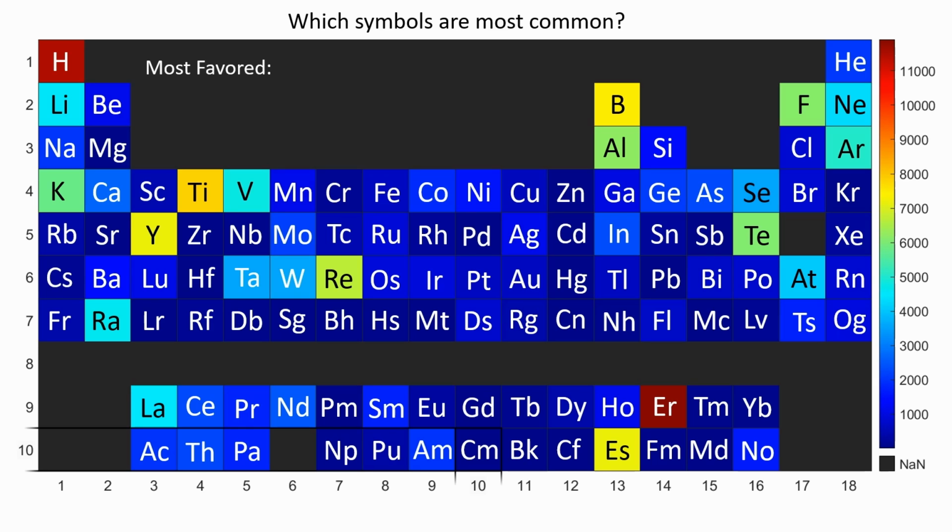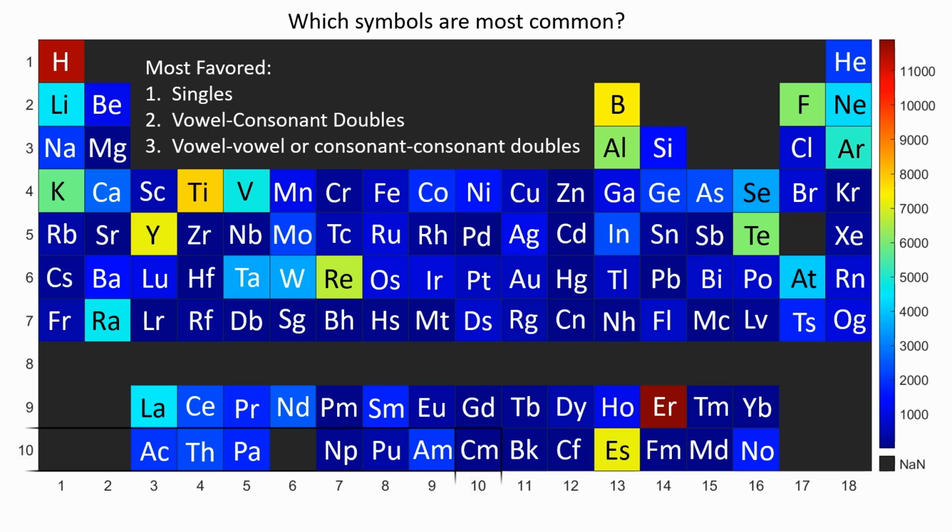If you look at any atomic symbol, I think you can justify why it's at the specific count that it is at. We can see from these graphs that the singles are the most favored atomic symbols, followed by doubles with a consonant and a vowel, followed by doubles with a consonant and a consonant, or a vowel and a vowel, although there's only 2 symbols with a vowel and a vowel.